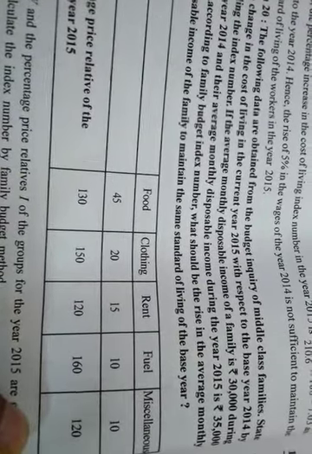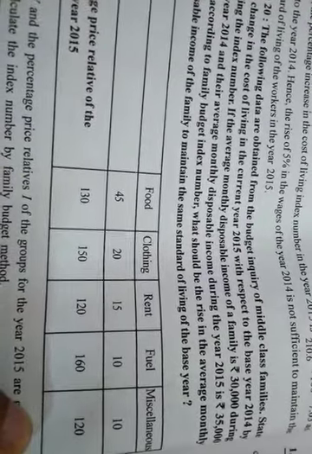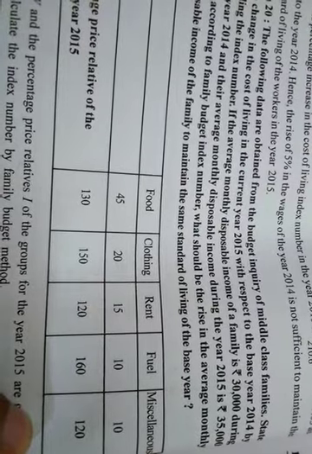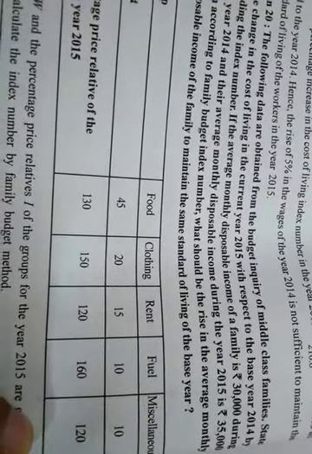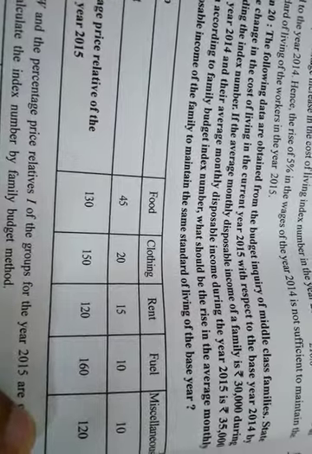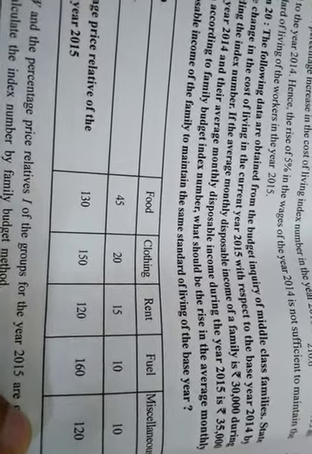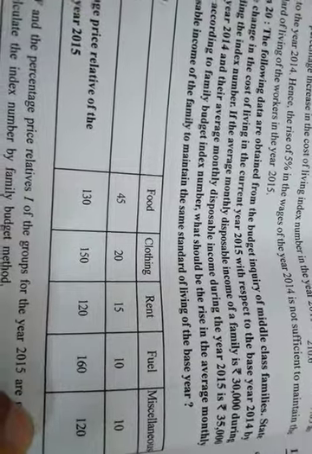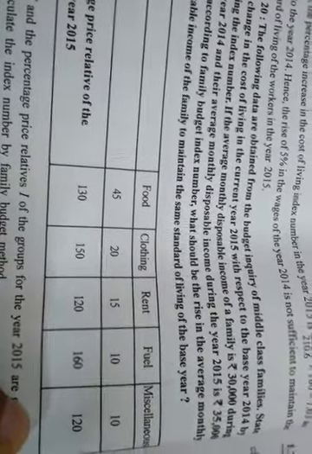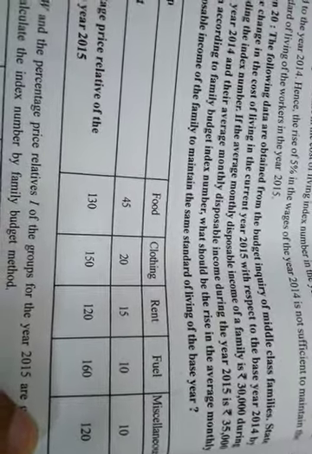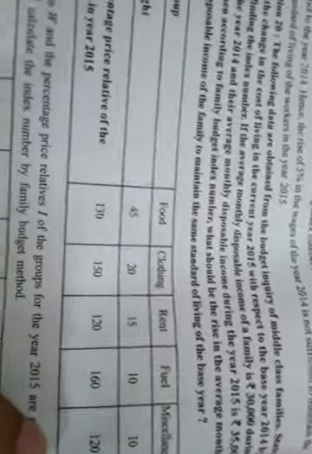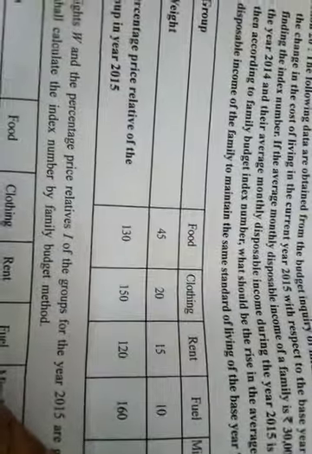In short, the monthly average income of a family is 30,000 in the base year, and it increases to 35,000 in the current year 2015. That means 5,000 rupees is the rise. Is this sufficient to maintain the same standard of living for a family?